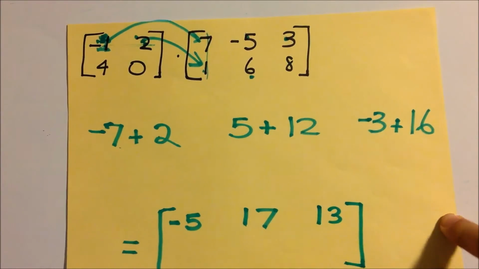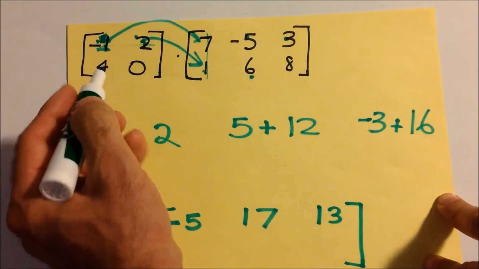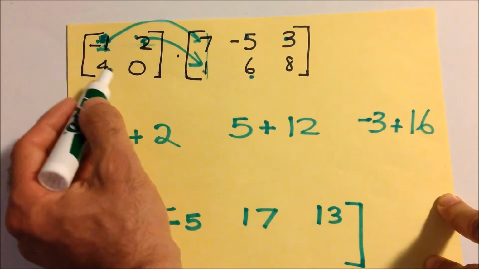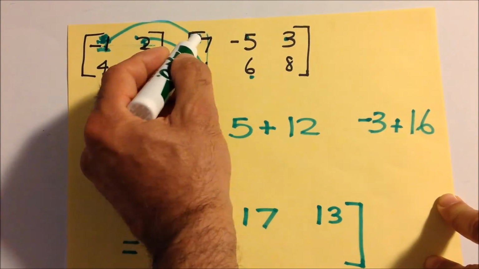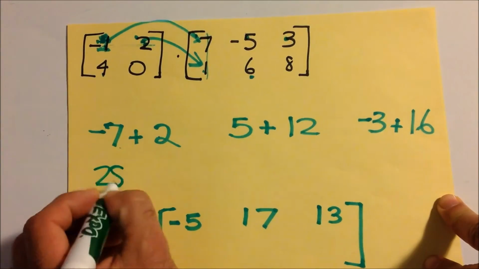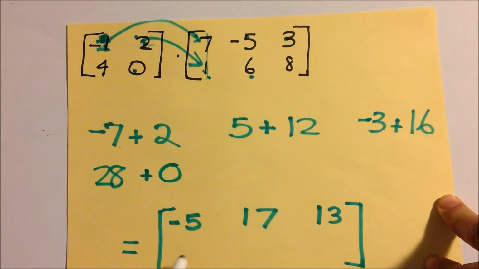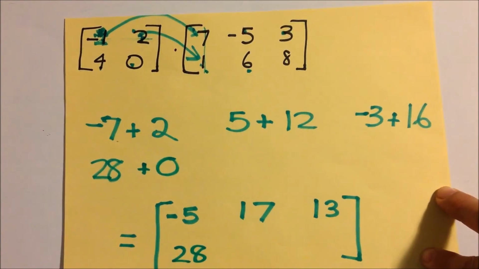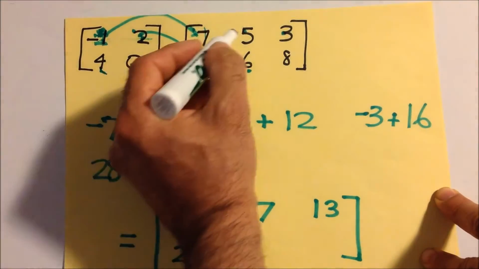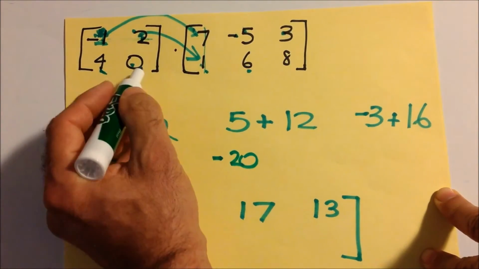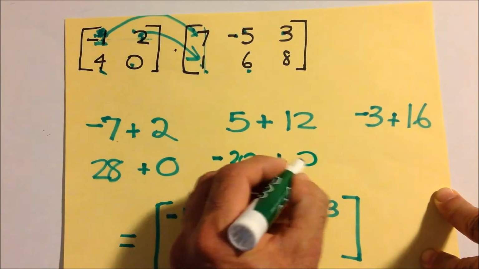Let's do the second row now. Every element times every element in the columns. So 4 times 7 is 28, and 0 times 1 is 0. Put 28 down there. 4 times -5 is negative 20, and 0 times 6 is 0.